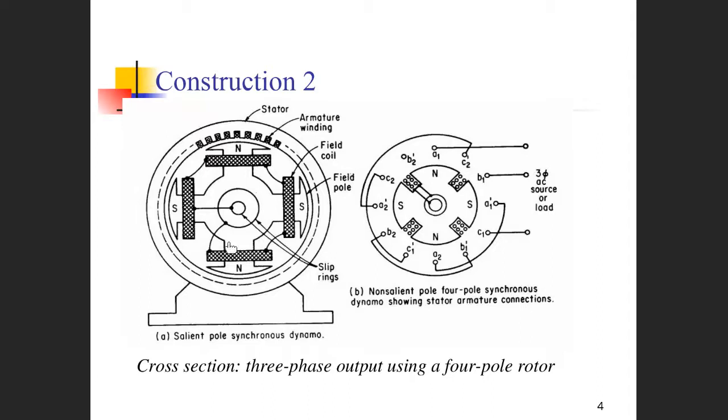Similar to the motors, the generators have several different poles on the field coils, because the pole numbers and the rotational speed together determine the generated electricity frequency.